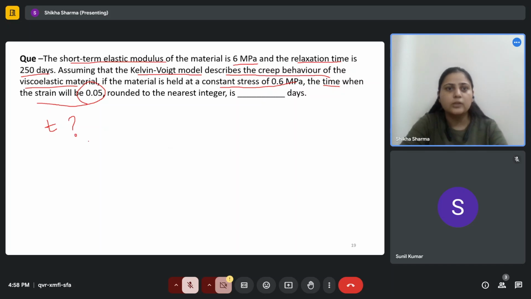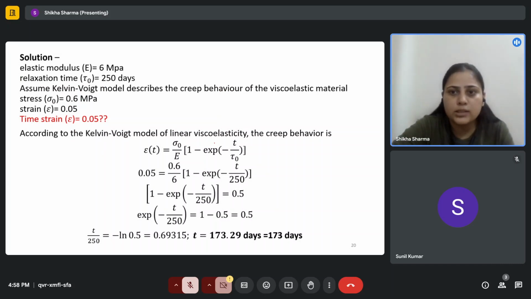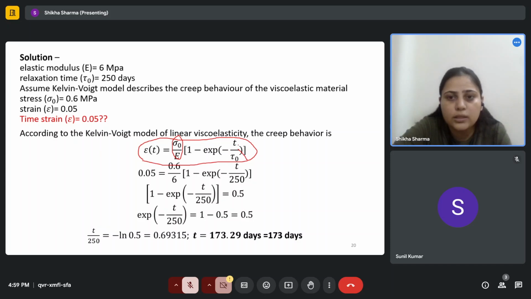Right? So in the Kelvin-Voigt model of linear viscoelasticity, the creep behavior can be given by this equation, which we have already discussed: strain at any time equals stress initial divided by modulus, which is the strain at initial, multiplied by 1 minus exponential of minus time divided by the relaxation time.